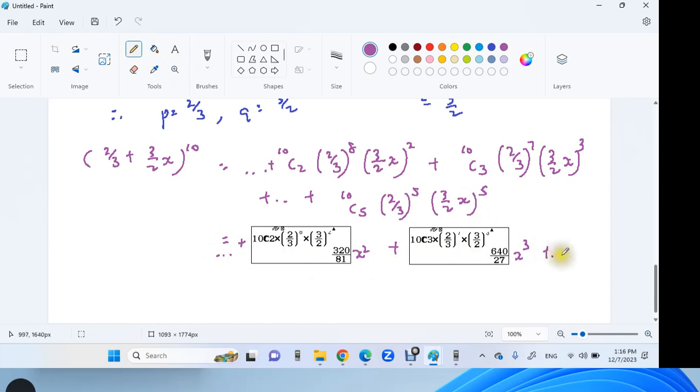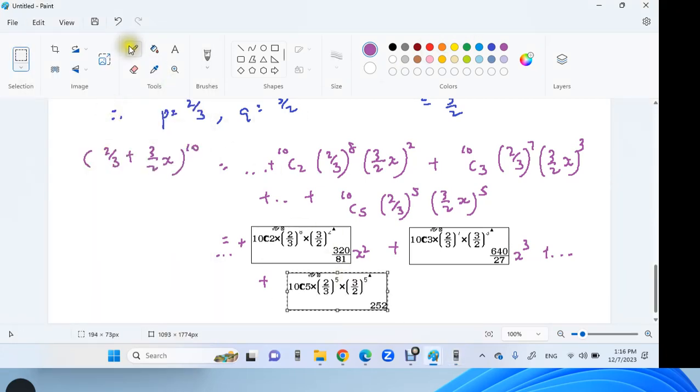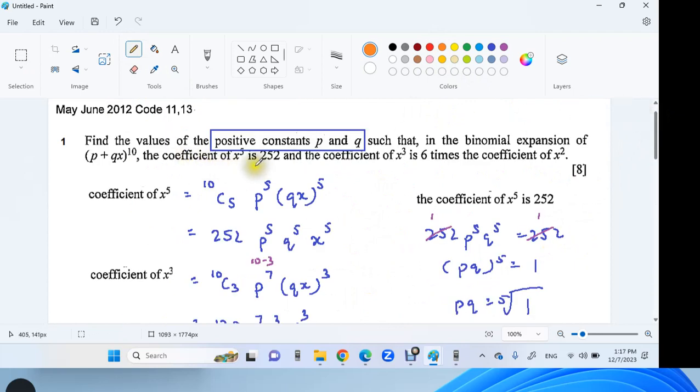So we have something in front and behind. Then this one is 10C5, 2 over 3 to the power 5, and 3 over 2 to the power 5 as well. So this is 252. So the coefficient for x to the power 5 is 252. So this is correct. Then the coefficient of x cubed is 6 times that of x squared.